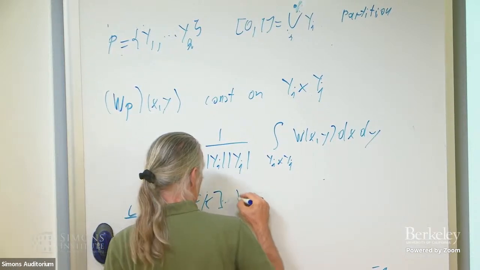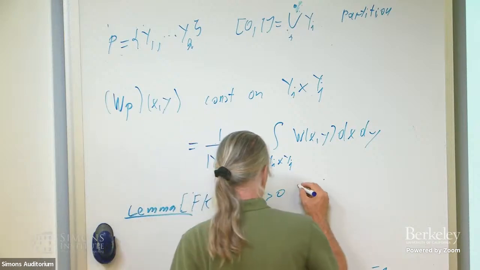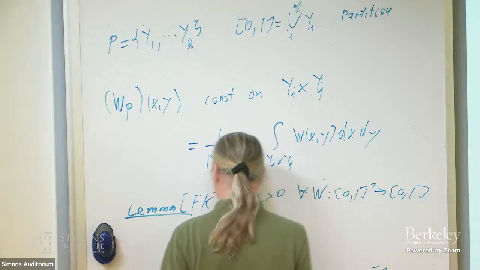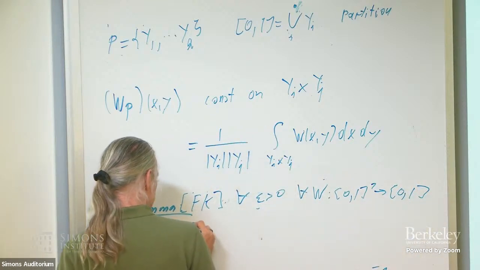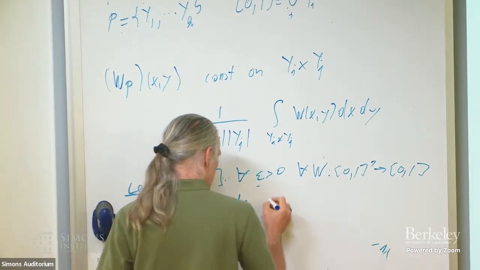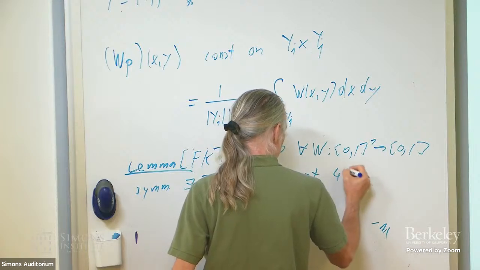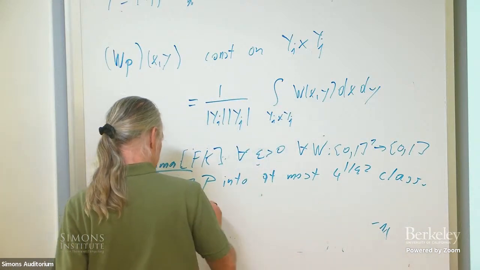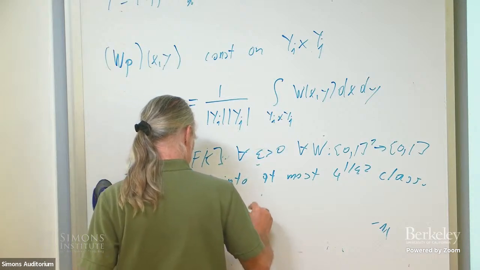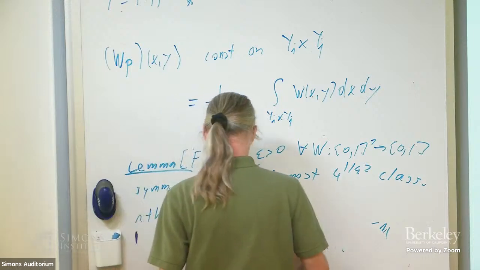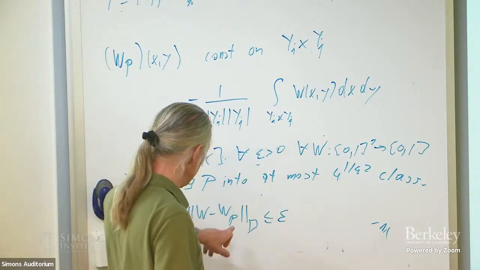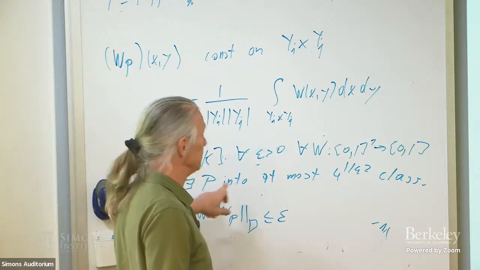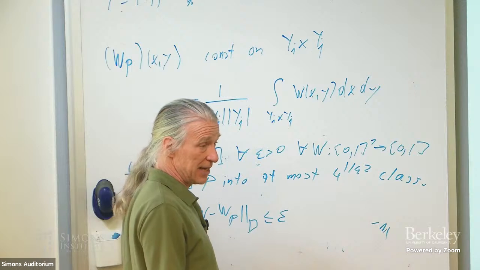It says that for all epsilon larger than 0, for all graphons W, there exists a partition P into at most 4 to the 1 over epsilon squared classes, such that W minus W_P in the cut norm is smaller or equal than epsilon. Okay. Now, this depends on the graphon. I get different partitions. Okay. But I never need more than that many classes.